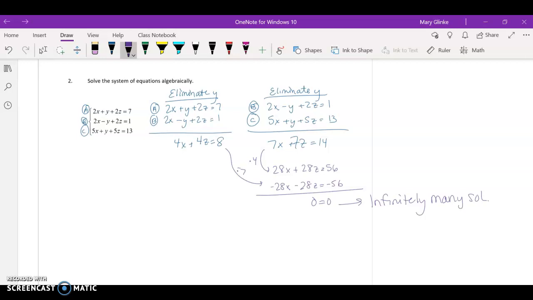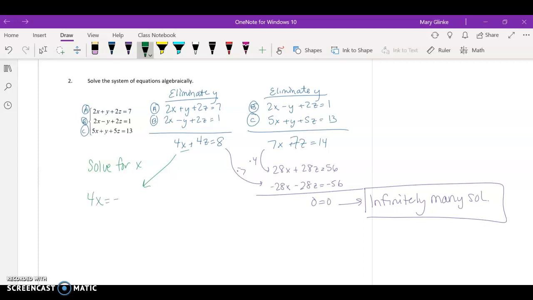So now the question is, what are those solutions? So we do actually want to answer with a coordinate point in terms of either x or y or z. So I'm going to take my first equation and I'm going to pick one of these variables, it doesn't matter which one, and I'm going to solve for it. So I'm going to solve for x here.